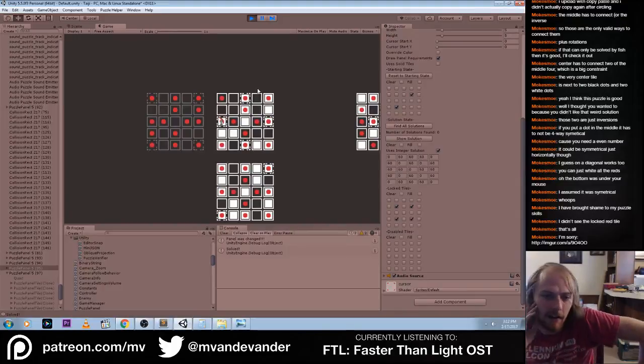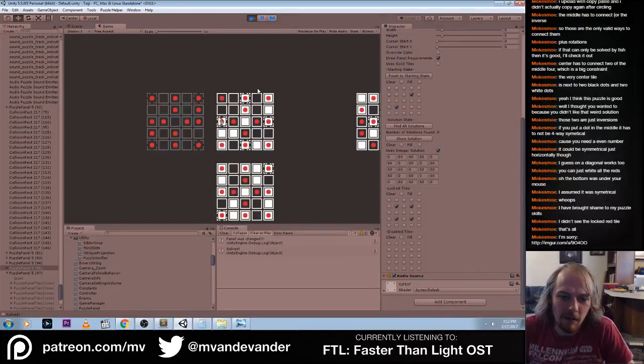I don't like to lock more than 4 tiles. If I start locking like 6 tiles, it feels like I'm just constraining it for the sake of constraining it, and that feels a little too much like me imposing my will as the designer on the game to be a certain way.